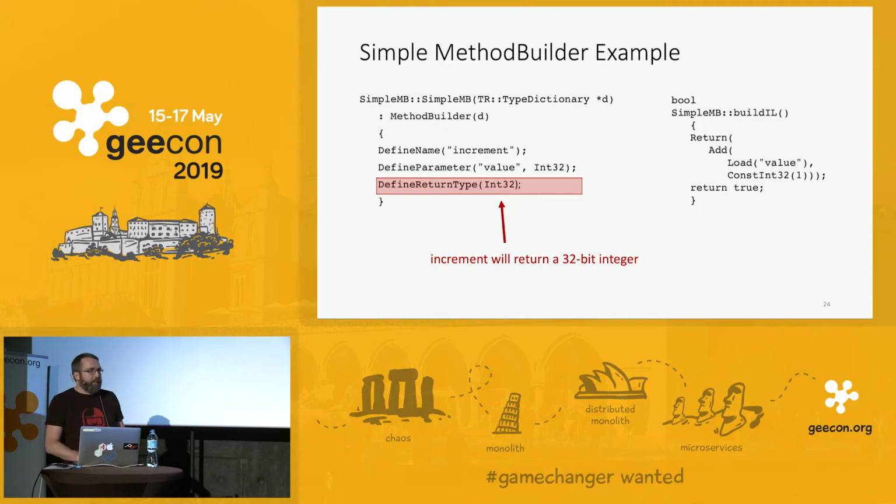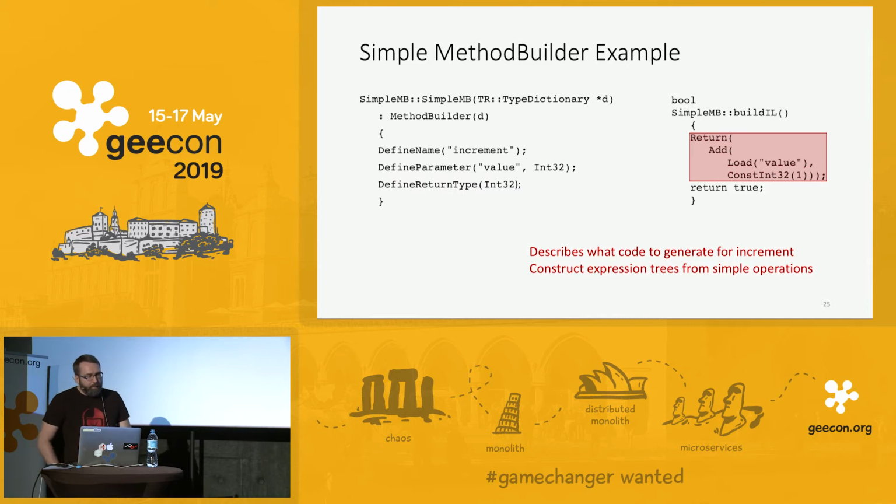If you were declaring this in C or C++, it would just be a function defined with that return type and that parameter. So the build.il for this method is basically what your method would do. At this point, this method is just going to return the addition of the value you passed in plus 1.